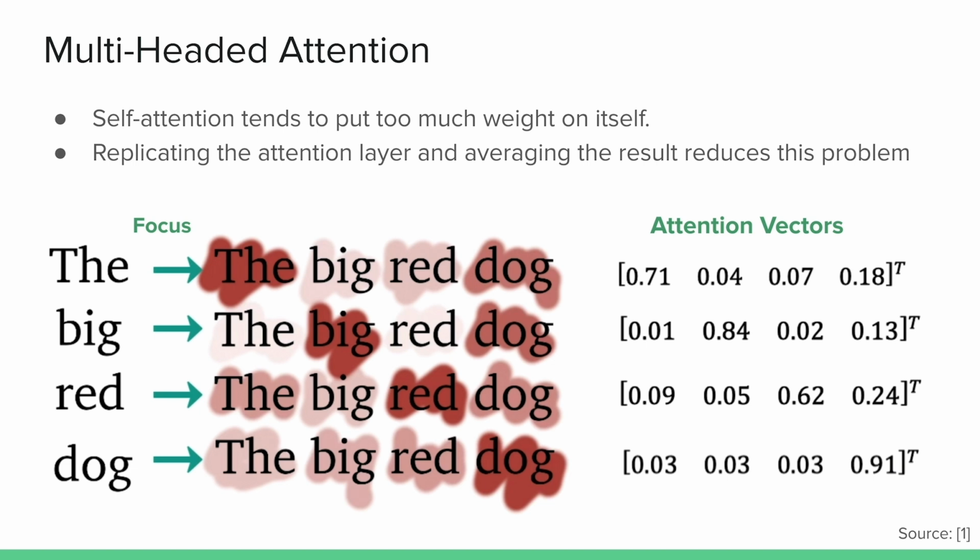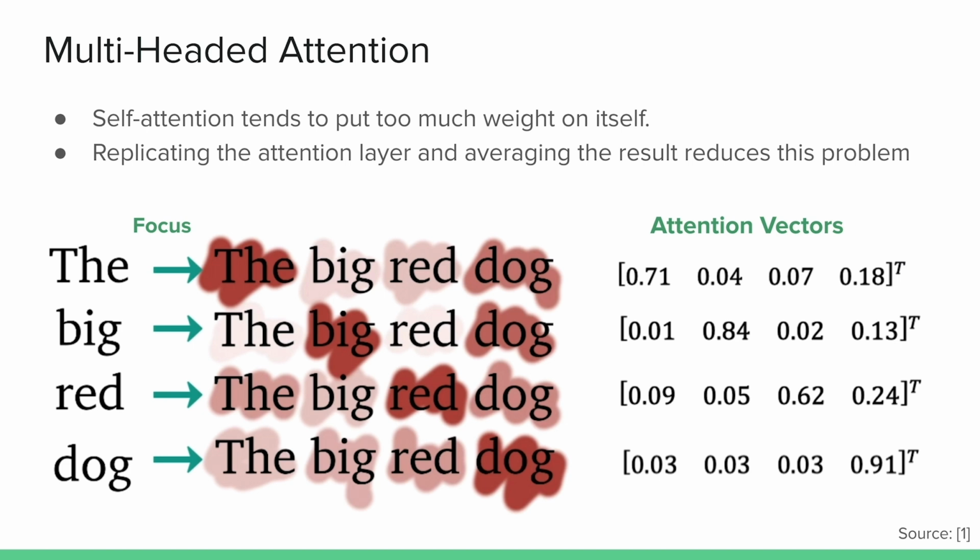And one more thing for this attention block here is that, unfortunately, if we use this self-attention, the network pays a lot of attention to itself, to the word. So "the" pays a lot of attention to the word "the". And I mean, it's obvious that the word is related to itself, but it's not really useful.